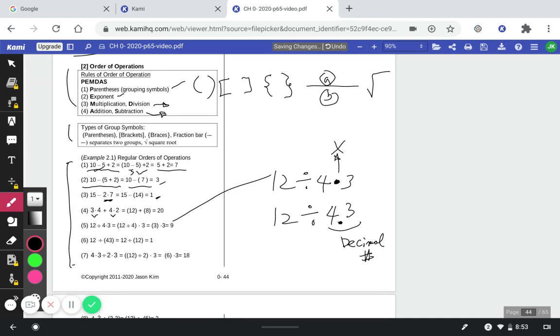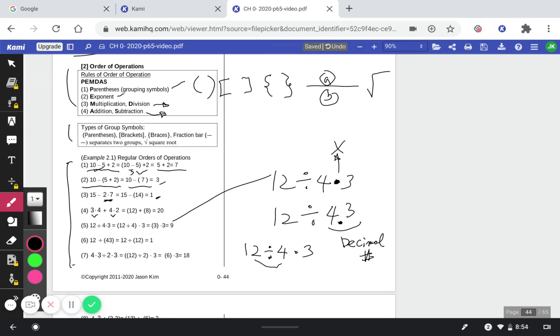So what do you do when you have 12 divided by 4 times 3? Many students think multiplication always comes before division, because in PEMDAS, M comes before D, but that's not true. Multiplication and division are the same level, so surprisingly, you do 12 divided by 4 first.